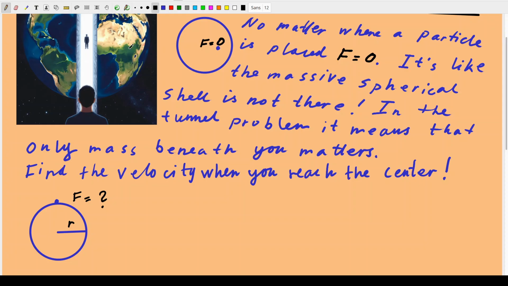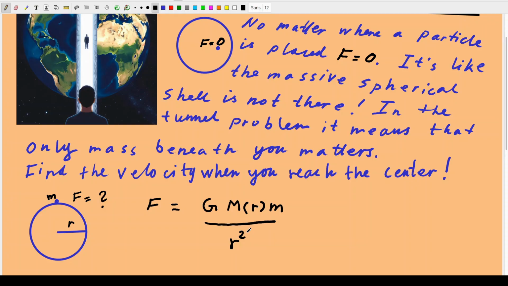According to Newton's law, let's write it like this, the gravitational law: G, and the mass of the sphere having radius r, and your mass, the particle mass here, divided by r squared.